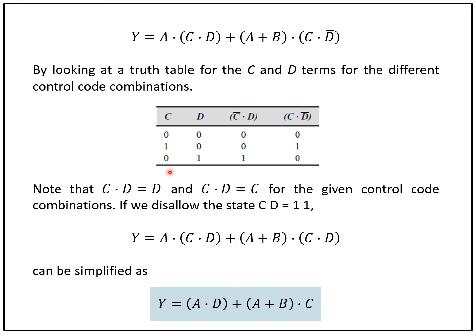So that means in the Boolean expression we can replace C-bar and D with simply D, and we can replace the expression C and D-bar with simply C. This would really simplify our Boolean expression for this digital circuit.